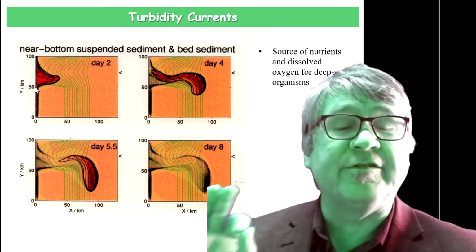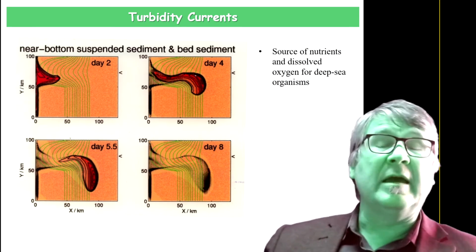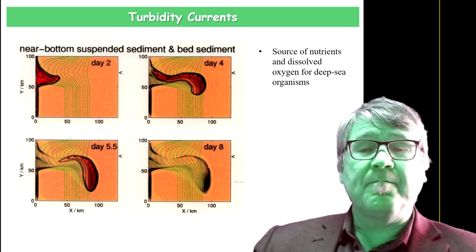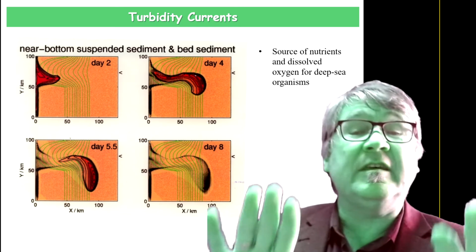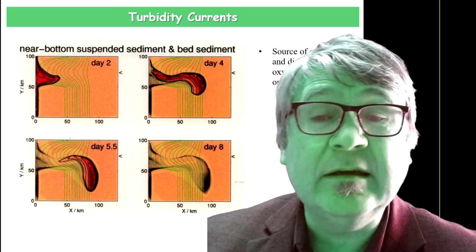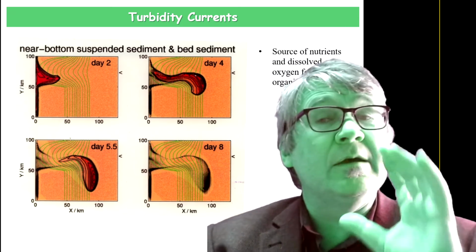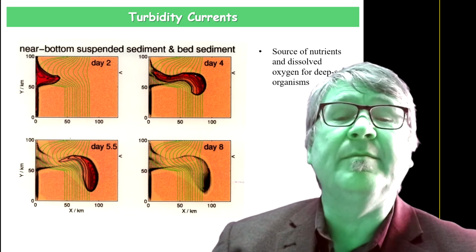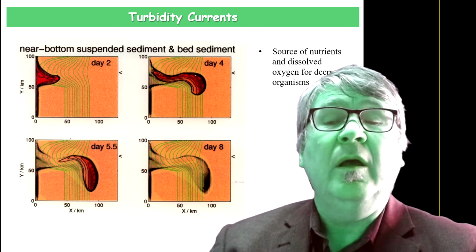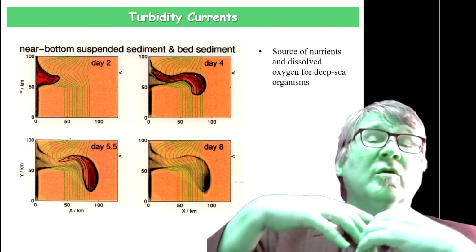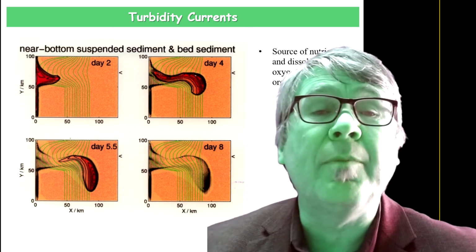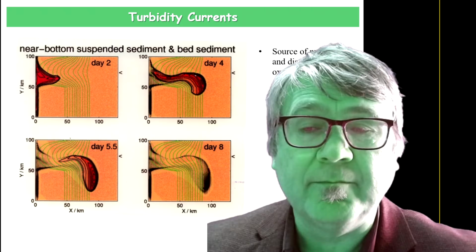It's not a movie, it's just a snapshot. Okay? And you look from above. Okay? And all you see here is near the seafloor, say 1 meter above the seafloor, the concentration of sediment. Okay? And you also see the trace, the sediment that ends up on the seafloor.